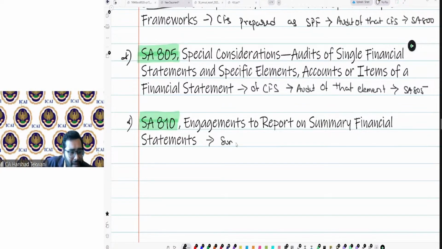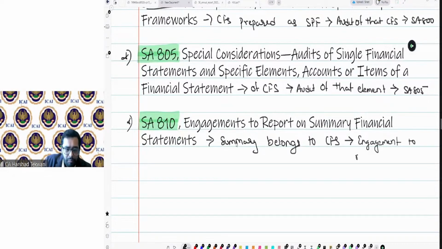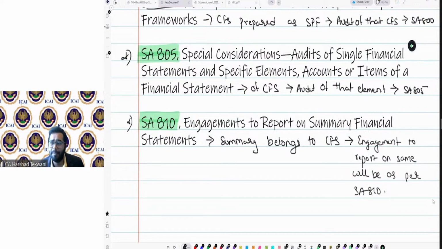If your summary belongs to consolidated financial statement, then the engagement to report on the same will be as per SA 810.